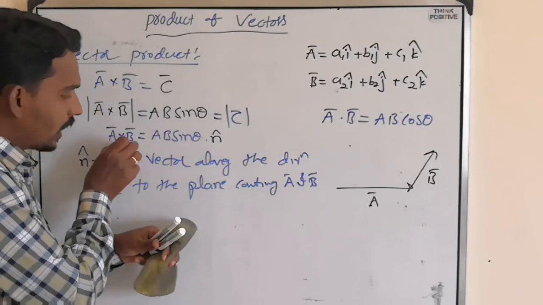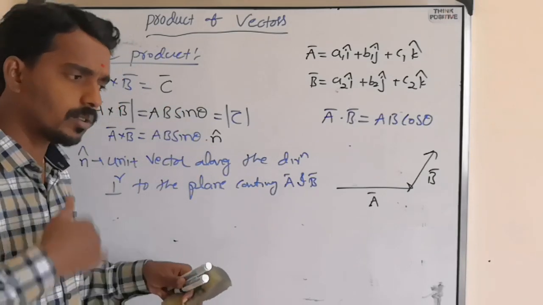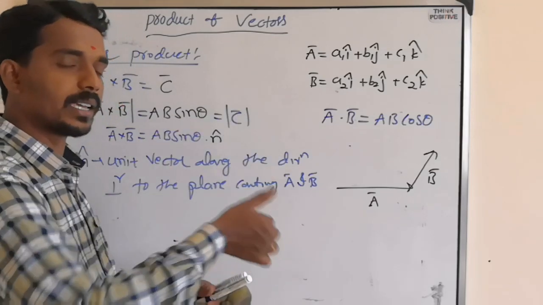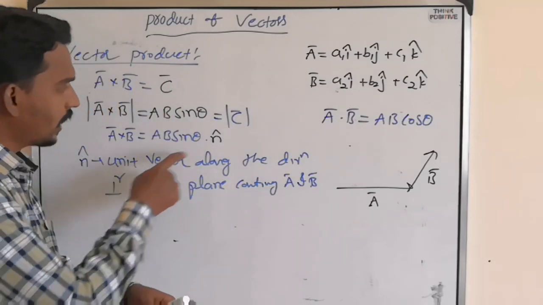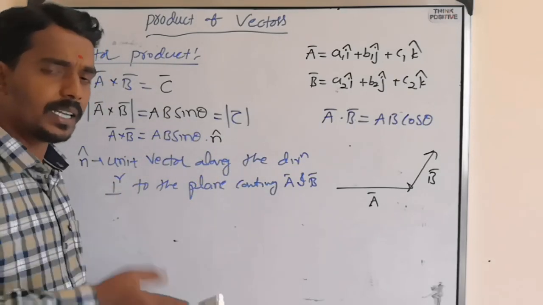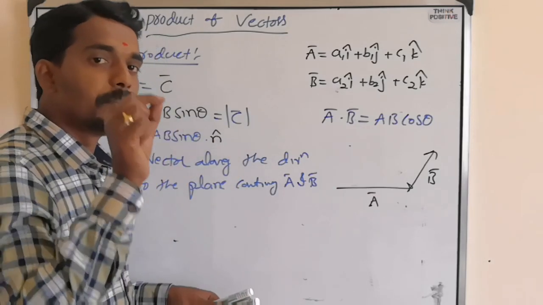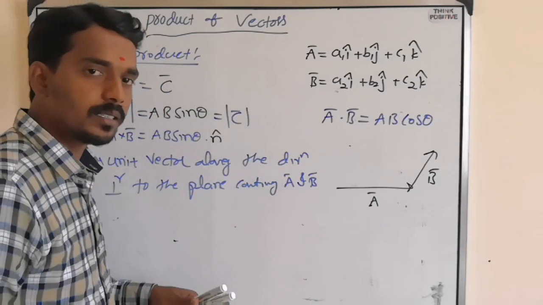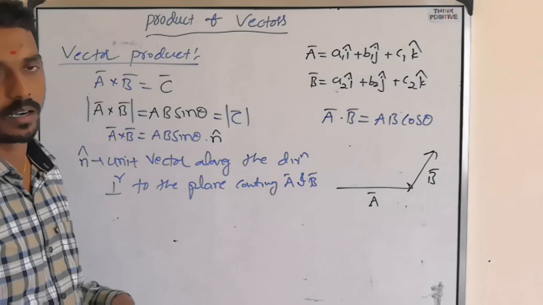Like a force of 20 Newton acting along the x-axis, you write 20 i cap. So i cap represents only direction. Similarly here n cap represents direction, but that is not i cap, j cap, k cap. That is something else. And this n cap depends on the plane containing A bar and B bar, because n cap is always perpendicular to that plane.